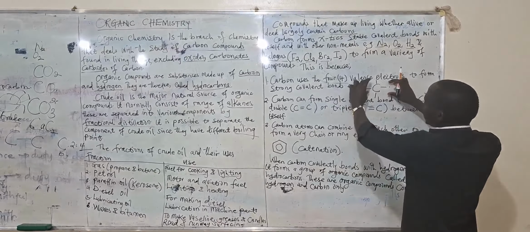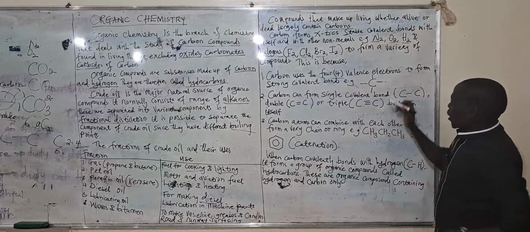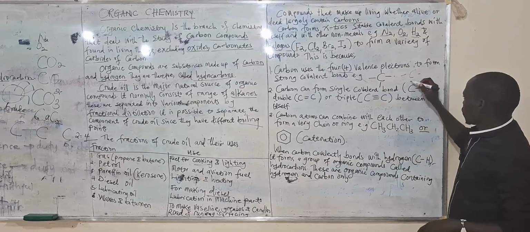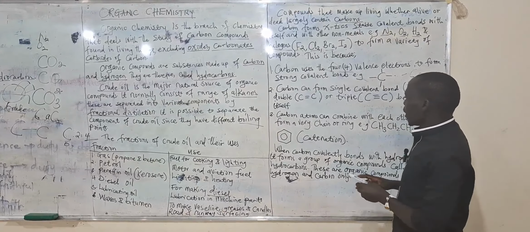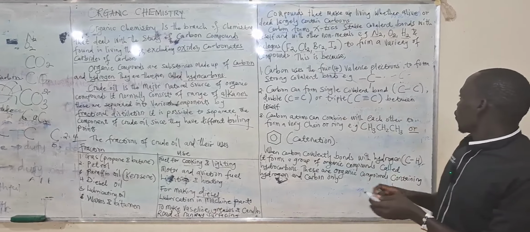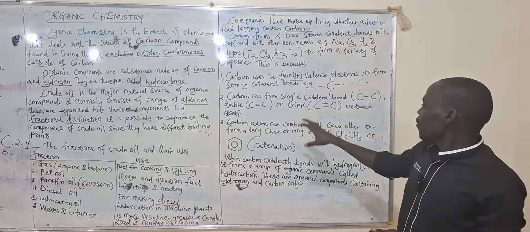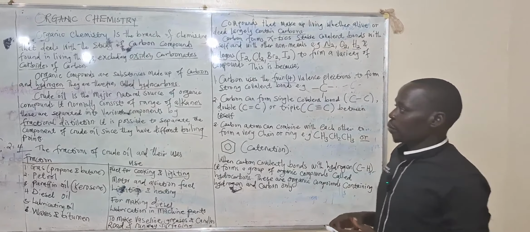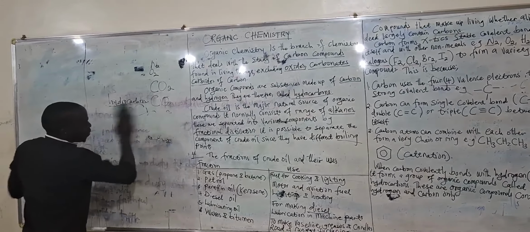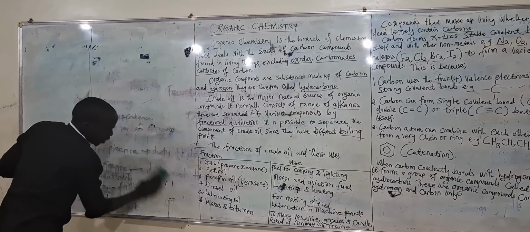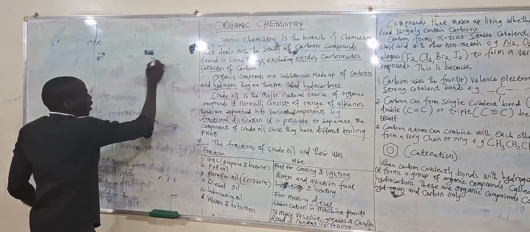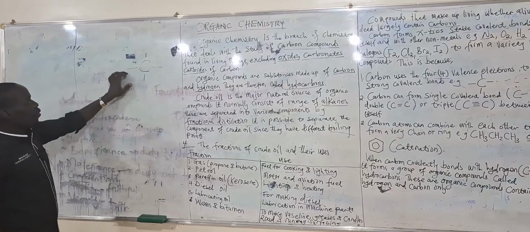So it behaves like this. That's why we are seeing this carbon, we have 1, 2, 3, the valence electrons. But at the same time, this carbon is capable of forming what we call single bonds, double bonds, and triple bonds between itself. So one thing we have to know in organic chemistry is that carbon, for it to be stable, needs 4 bonds, 1, 2, 3, 4.